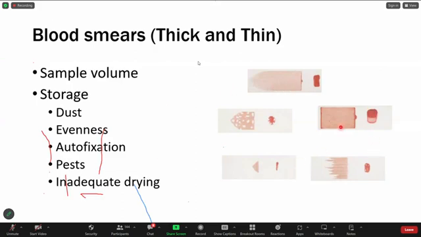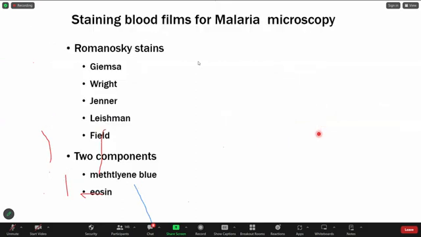So when we're making smears, we should consider those items of sample volume, then the quality of the slide and the spreader, then the drying, the evenness of drying. Now, after making the smear, we go to staining.